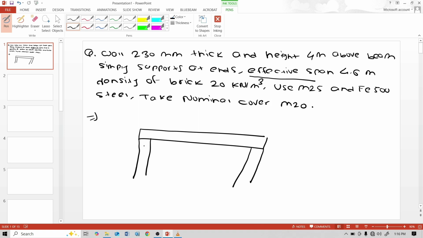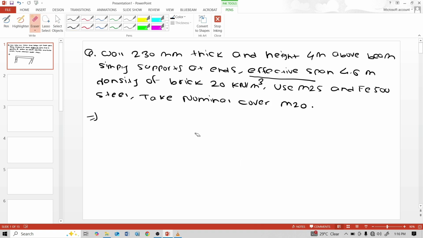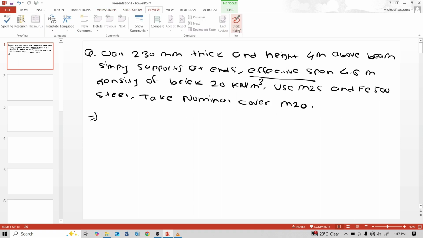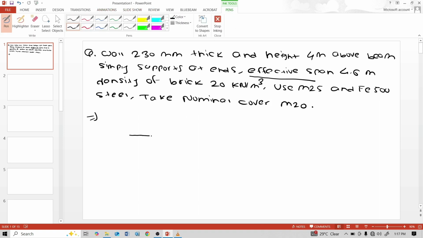Span between center to center of column. This is beam. This is column.